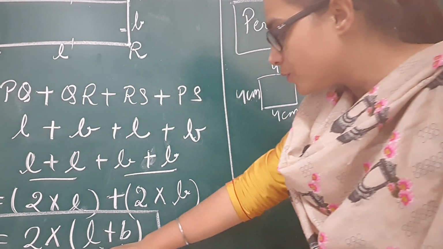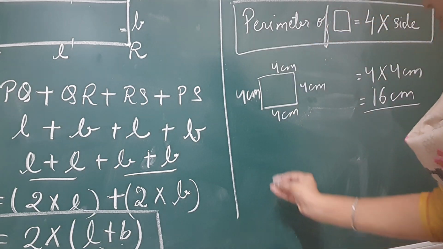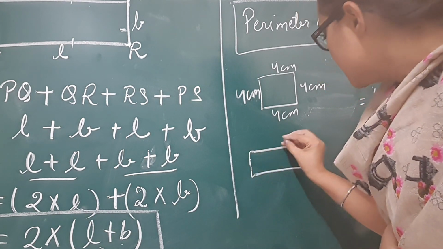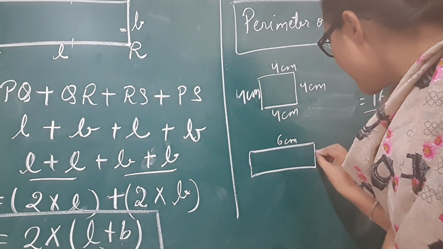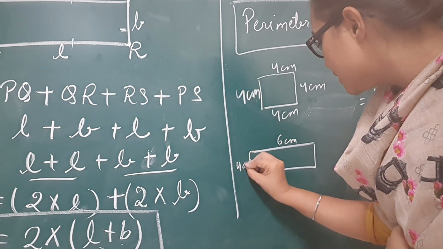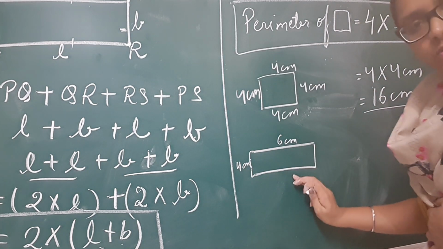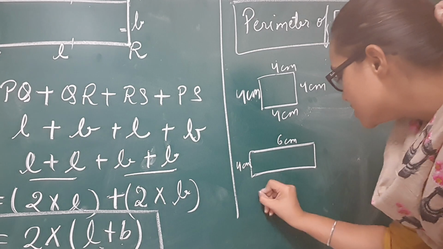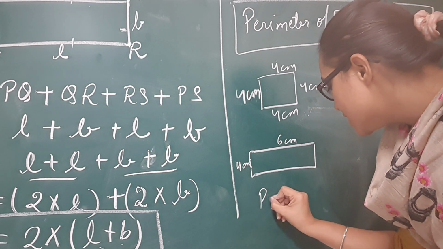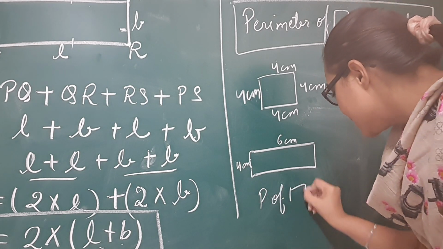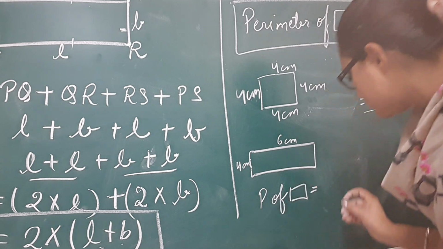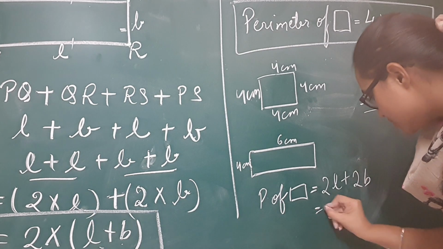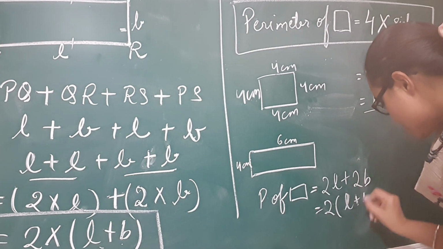Let us also do one example for the rectangle. If the length is 6 centimeters and the breadth is given as 4 centimeters, this means this side will also be 6 centimeters and this will also be 4 centimeters. Just write the formula: perimeter of rectangle is equal to 2 length plus 2 breadth, or you can use 2 into length plus breadth.